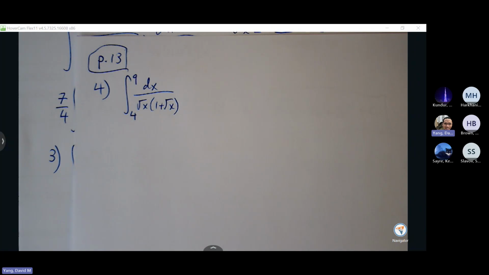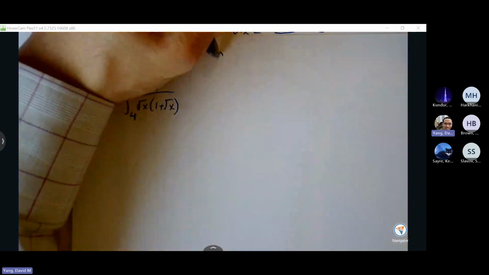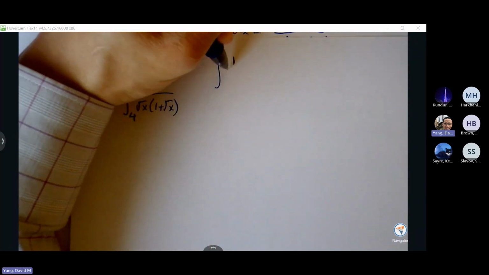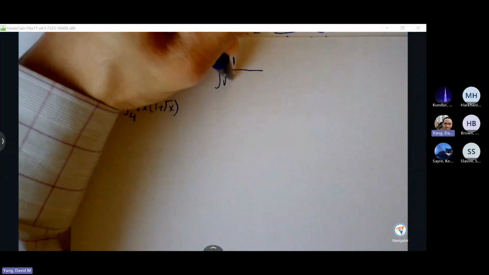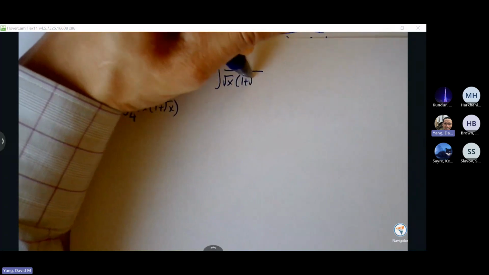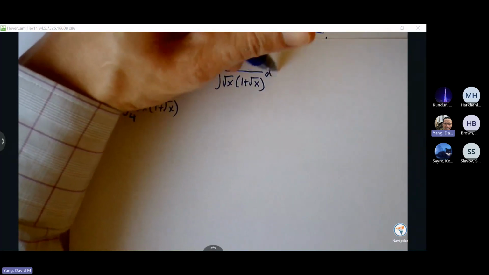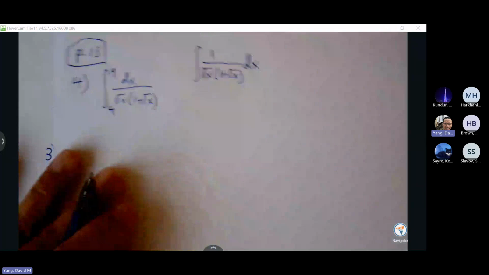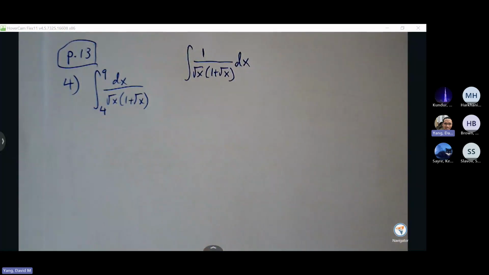We're not going to be using the bounds to begin with, so if it helps, maybe rewrite the problem without the bounds, just so that we're not getting distracted by those numbers when it's not part of our process yet.